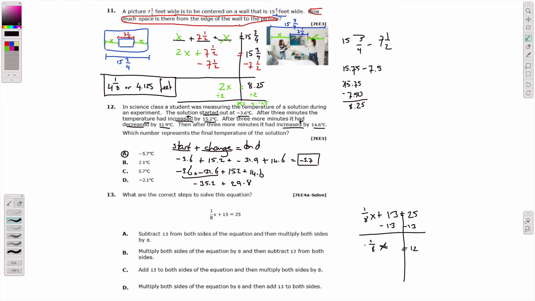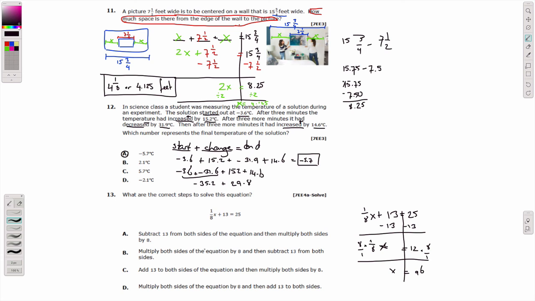This is a fraction, so I'm going to times by the reciprocal. So I'm going to times by 8 over 1, times by 8 over 1. Now I have 1x, and 1x is going to be equal to 12 times 8, which is 96.